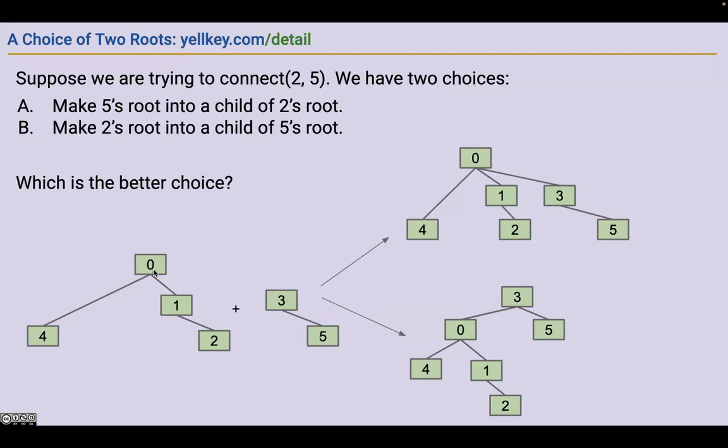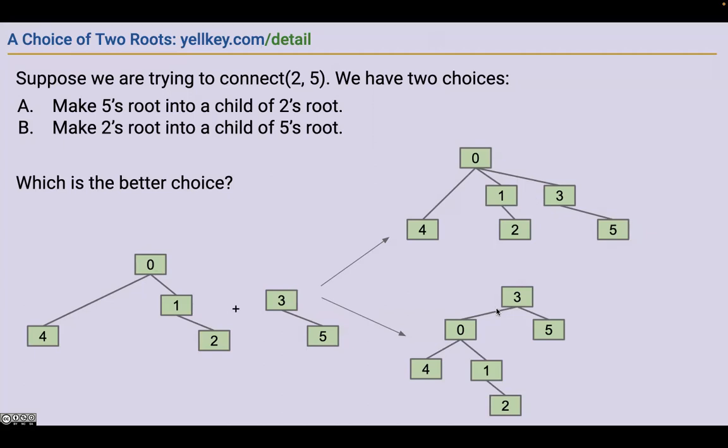So my question for you is, which do you like better? Do you like taking 3 and making it no longer a boss, hang it underneath 0? That's the choice up here. Or do you like taking 0 and saying 0, you're no longer the boss, I'm going to hang you as a subordinate of 3? Which of these do you think gives you better runtime? Who likes the top one where I take 3 and I make it 0's subordinate?